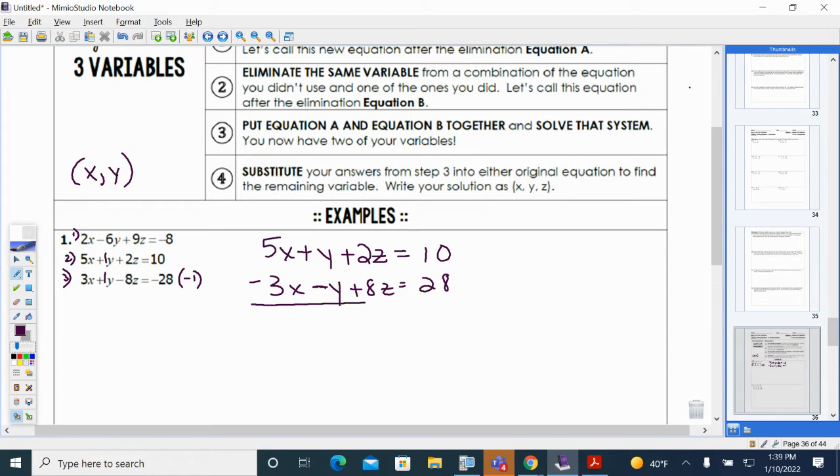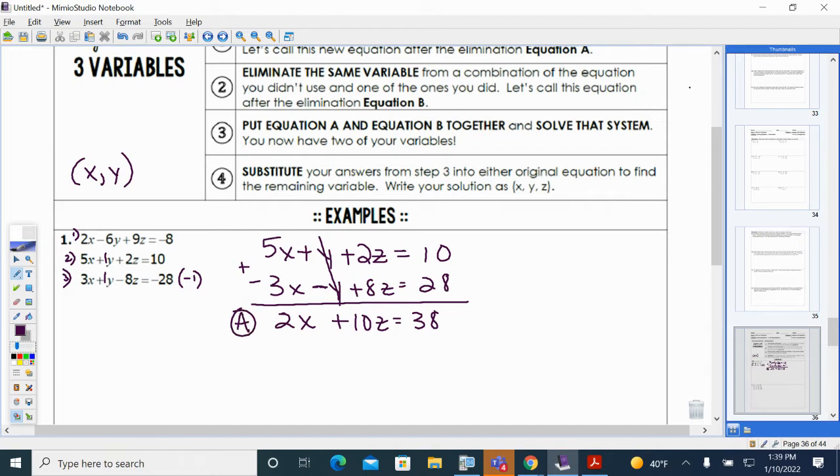So again, all I did was I took that equation 3 and I multiplied by negative 1. Now when I add these 2 together, the y's are going to go away. So 5x plus negative 3x is a 2x plus 2z plus 8z is 10z equals 10 plus 28 is 38. Now that's going to be equation A.